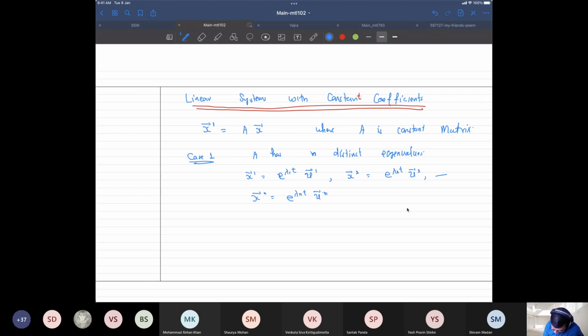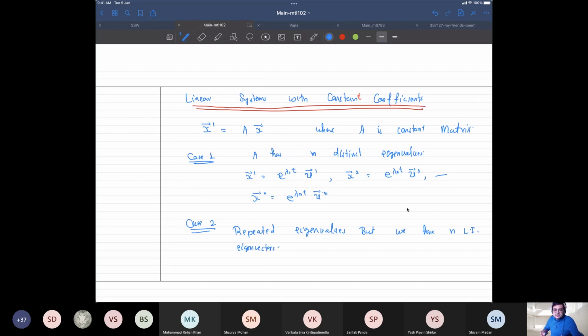In case 2, you will have repeated eigenvalues, but you have a complete set of eigenvectors, that is, n linearly independent eigenvectors.